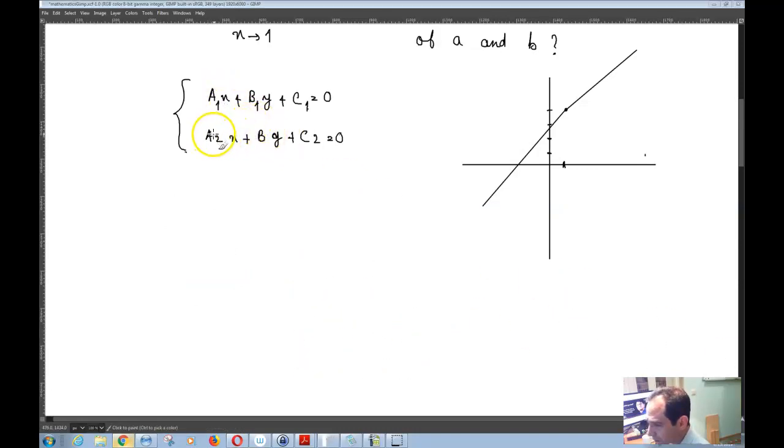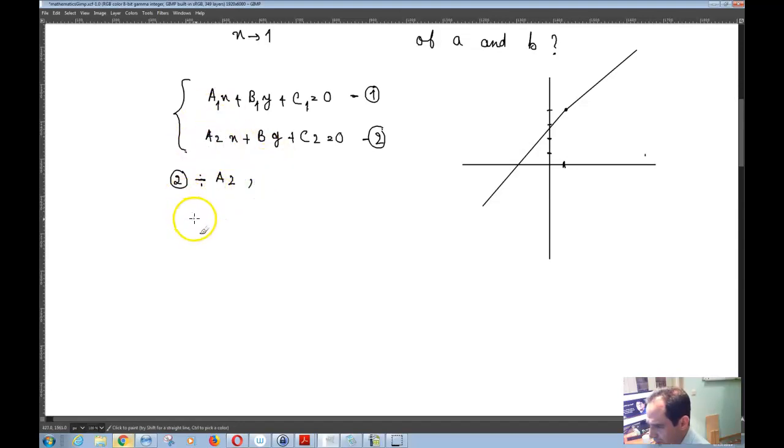For example, call this equation number 1, call this equation number 2. I divide equation 2 by a2 to get a 1 over here.